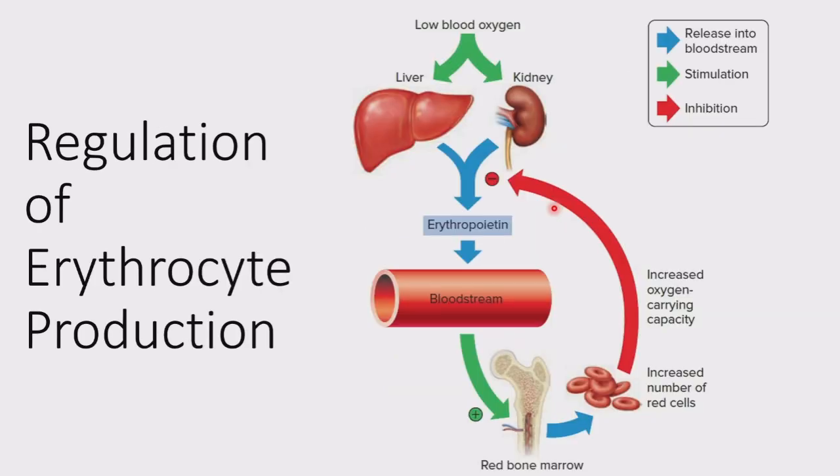Another function is that our kidneys release erythropoietin in response to hypoxia or decreasing levels of oxygen. This erythropoietin will travel to your bone marrow to increase the production of red blood cells. That's why patients with kidney disease will experience anemia as a result of decreased erythropoietin production.